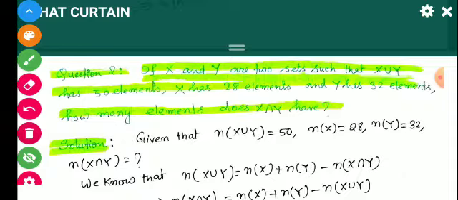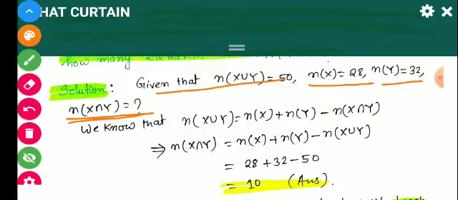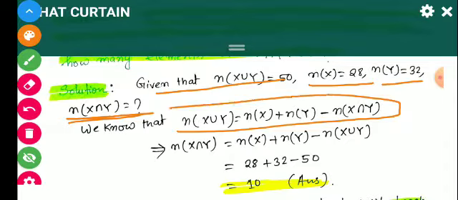So to find this, given that n of x union y is 50, n of x equal to 28, n of y is 32, we have to just find out the intersection part. We already know the formula: number of elements of x union y equals number of elements of x plus number of elements of y minus number of elements of x intersection y.